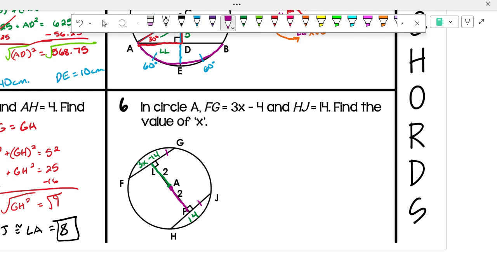So how do I set up my equation? 3x minus 4, sorry, not 14, is equal to 14. So I add the 4 first. 3x is equal to 18. What's 18 divided by 3? 6. So x is equal to 6.